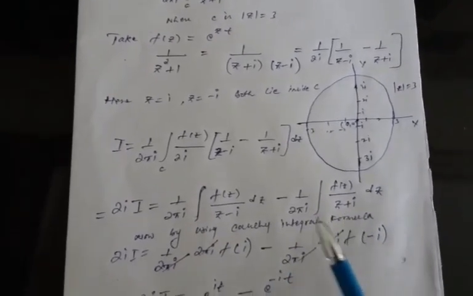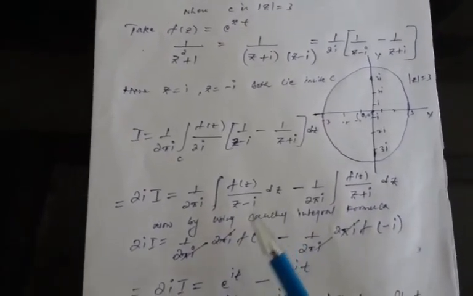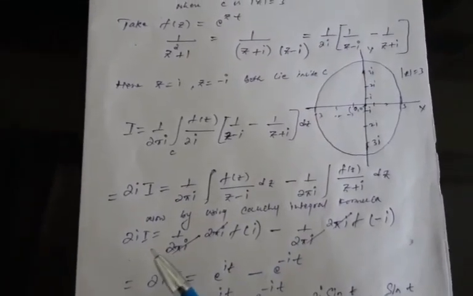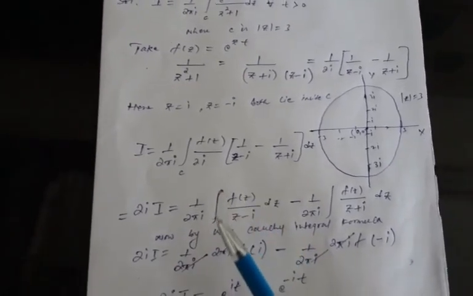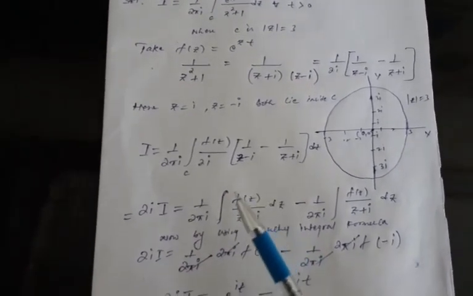So now we can use Cauchy integral formula here. So 2i into I equal to 1 by 2 pi i, and in this integral we can use Cauchy integral formula.